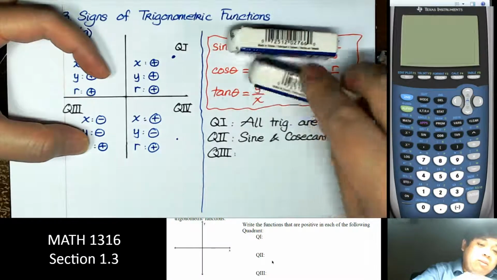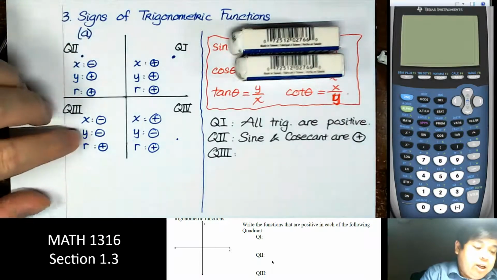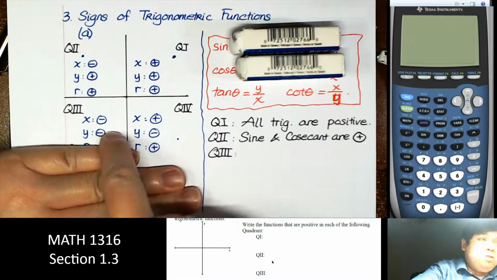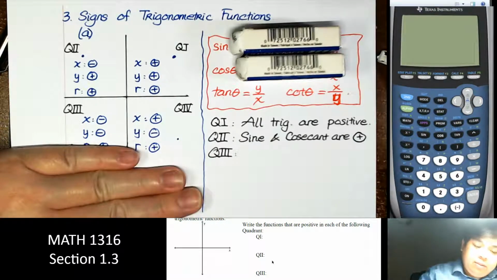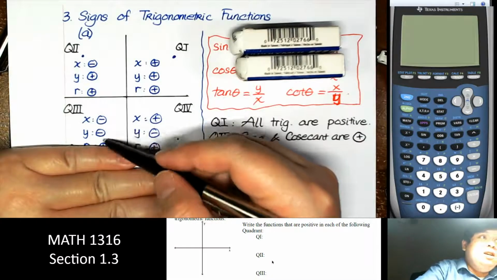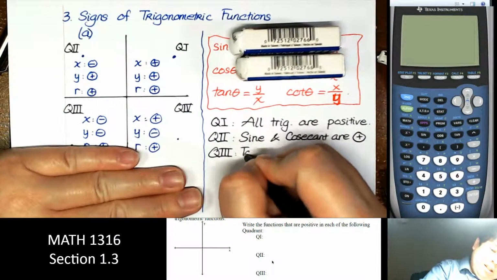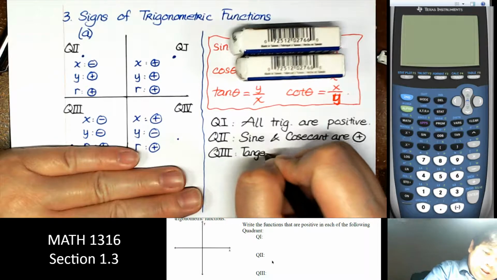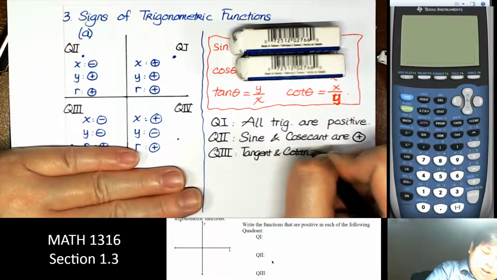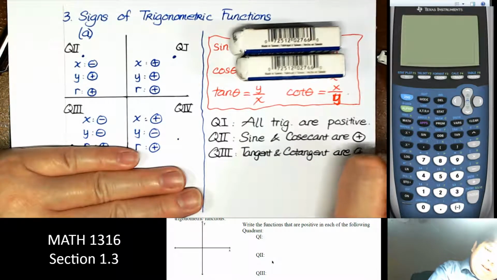So when we divide them, they're still negative. So those two are still negative. Now, if we use x and y, negative divided by negative is positive, right? So in that case, this is positive. So we have tangent and cotangent are positive.